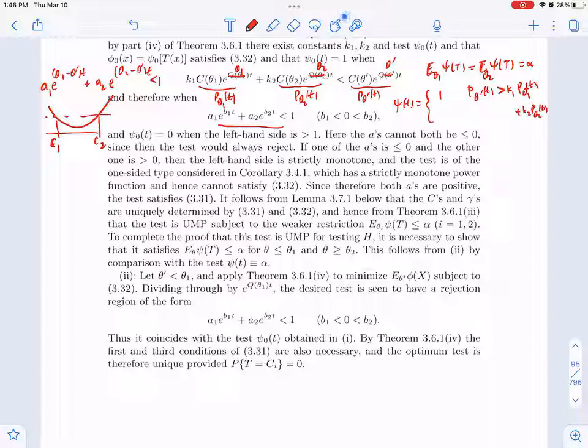And you write down the conditions, and you argue that it's exactly the same structure. These are different A's and B's, but both are positive, and so the structure would look like this. So when you set these two by the constraints, the same test is minimizing things on the outside.